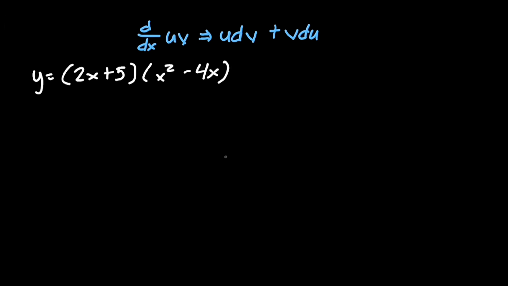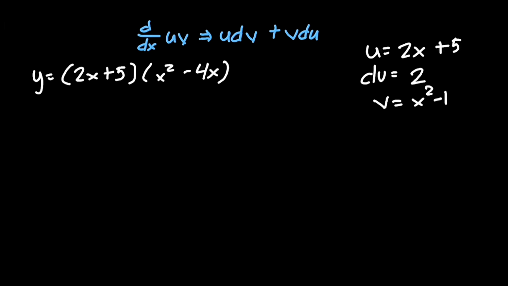Let's solve this example. Y equals 2x plus 5 multiplied by x squared minus 4x. U here would be 2x plus 5. The derivative of this will be 2. V here would be x squared minus 4x.